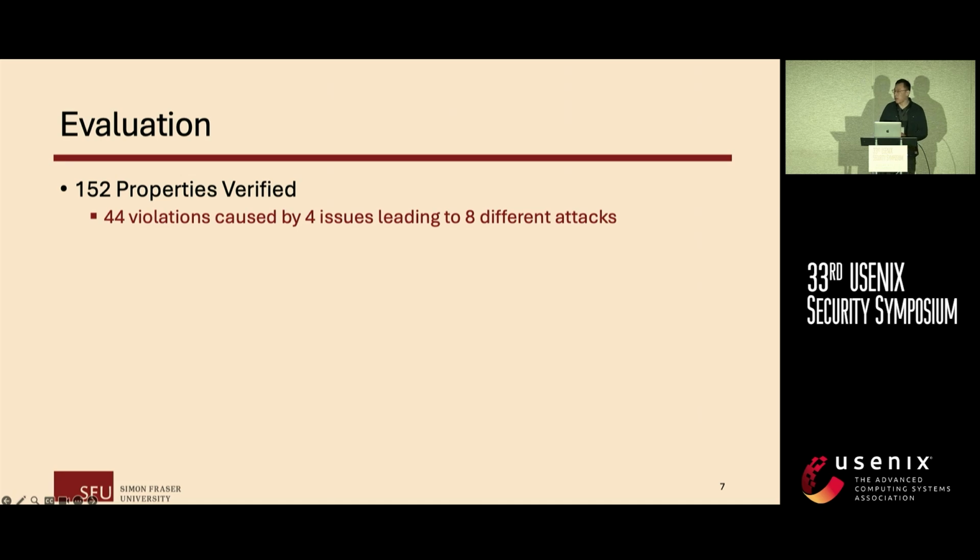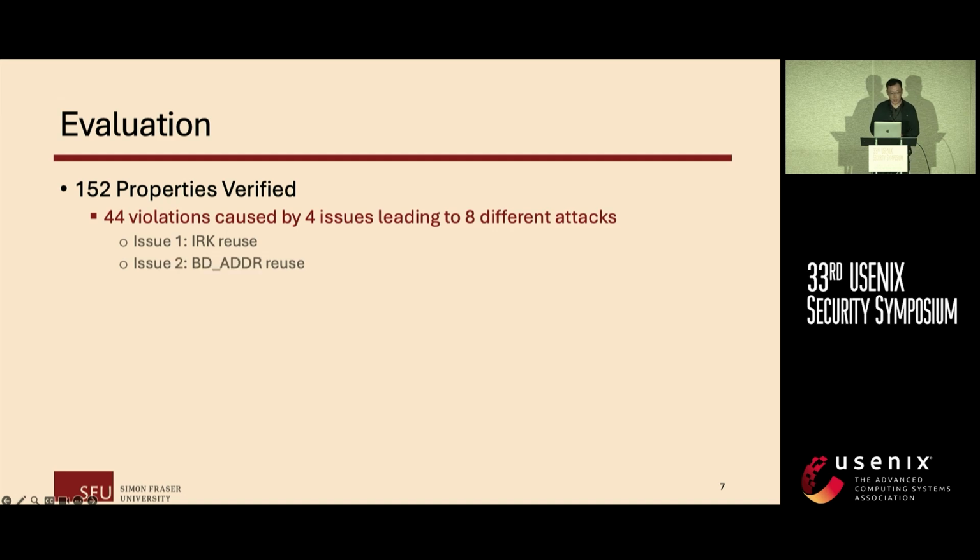In total, we have verified 152 properties and found 44 violations caused by 4 issues that can lead to 8 different attacks. These 4 issues are, first, IRK reuse. IRK is an identity resolving key, which is used to generate the randomized MAC address for Bluetooth Low Energy.